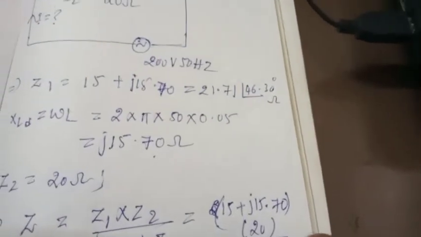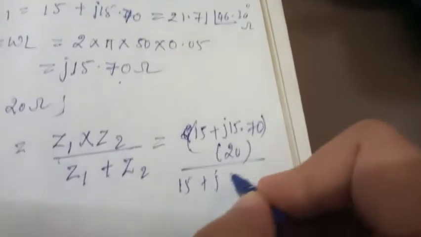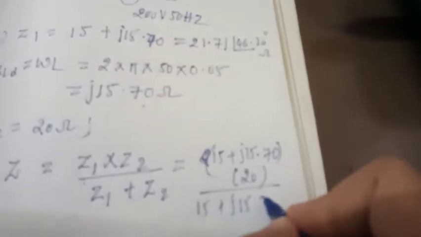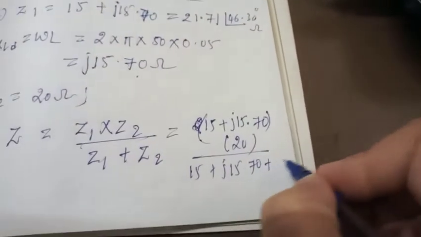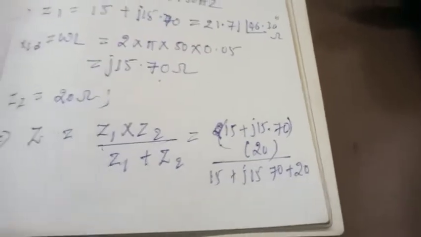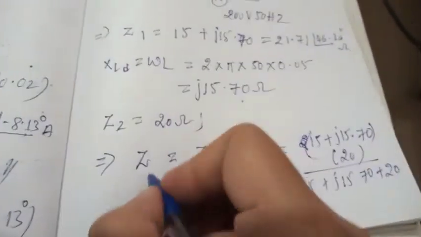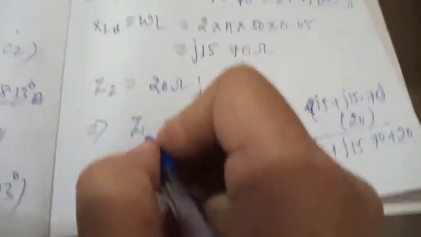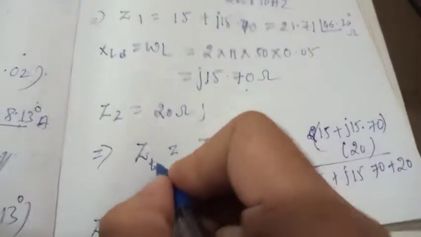So Z is equal to Z1 into Z2 divided by 15 plus j15.70 plus 20. Now what is Z total, or Z equivalent?